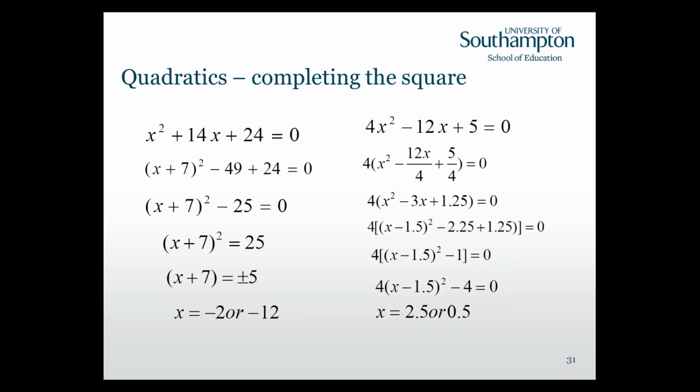So the 4 that's at the beginning doesn't affect the vertex, because all the 4 is doing is stretching the graph and sort of elongating it to make it a sort of tall, skinny graph. It's not having any impact on the vertex itself. So you still only have to worry about what's happening inside the bracket and then the bit at the end.